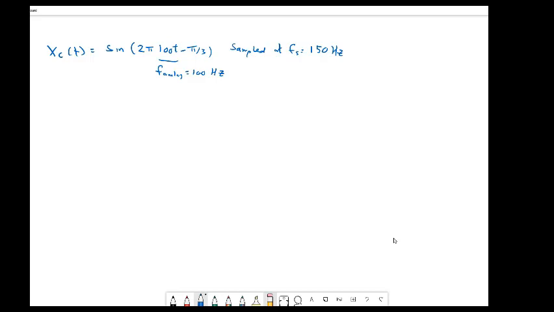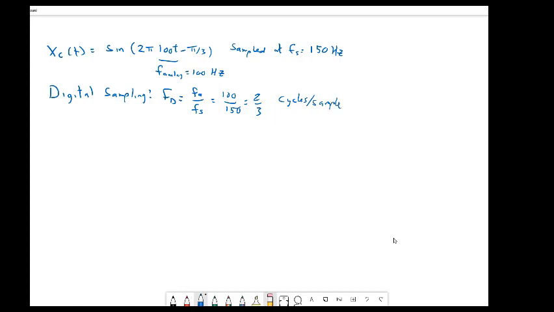And so if we ignored the fact that it could alias and just tried to determine directly what is the digital frequency that would result from sampling this signal with that particular sampling rate, we would have determined that that digital frequency was the original analog frequency normalized by the sampling frequency, or 100 over 150, or 2/3. And that's in units of cycles per sample.